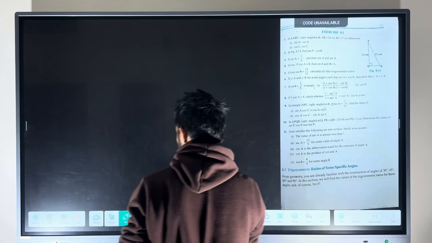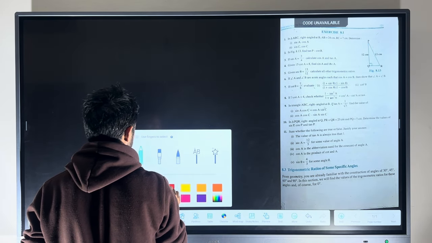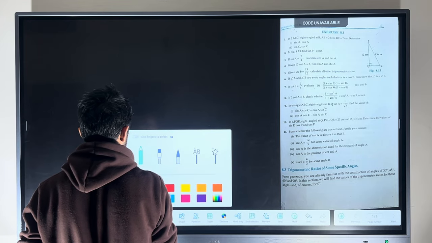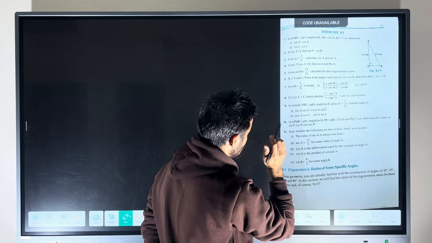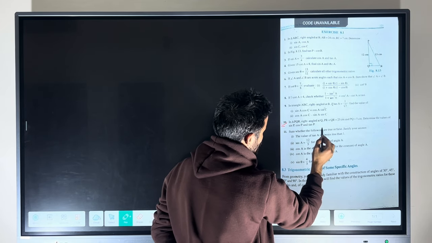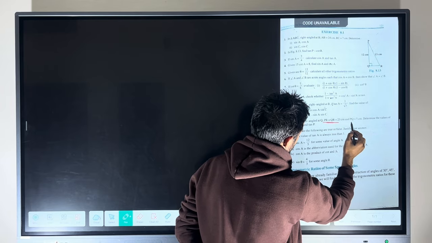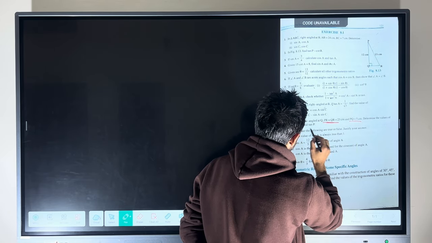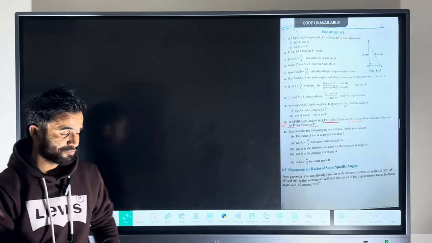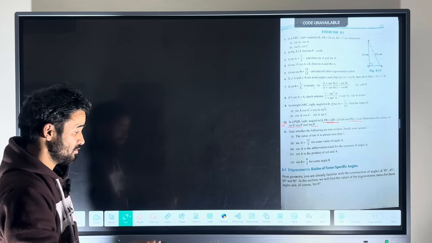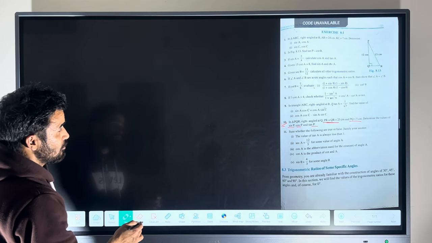In question number 10, PR plus QR equals 25, PQ is equal to 5, find the value of sin P, cos P and tan P. So I would like to do that question now.